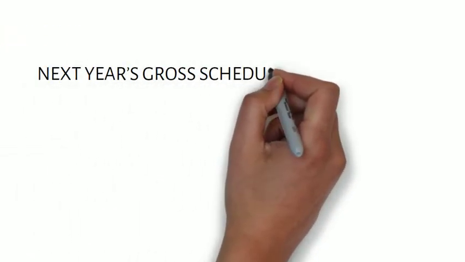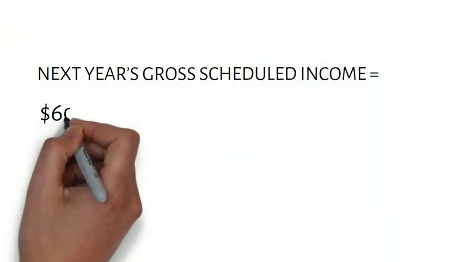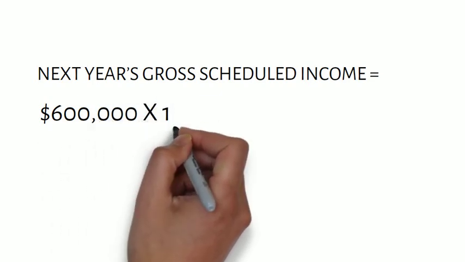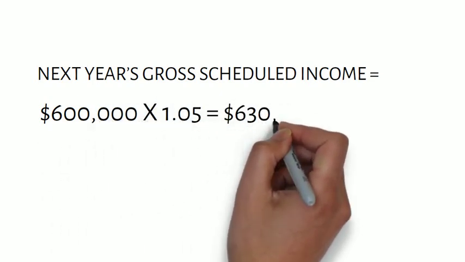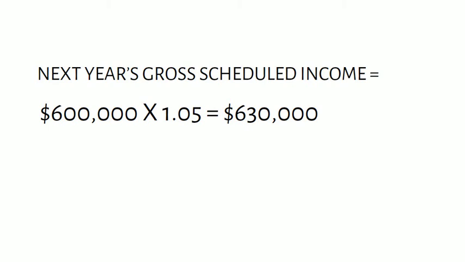So your next year's gross scheduled income will equal 600,000 multiplied by 1.05, and that will give you $630,000.